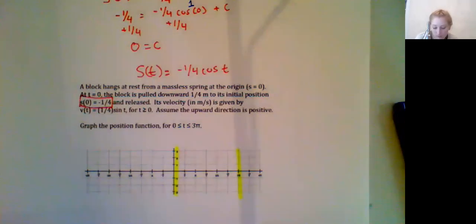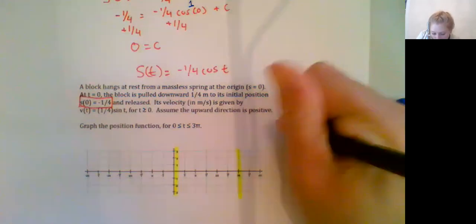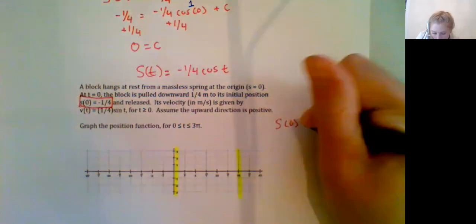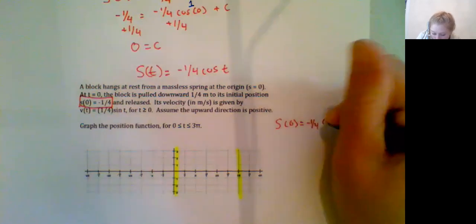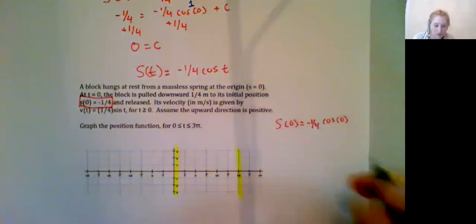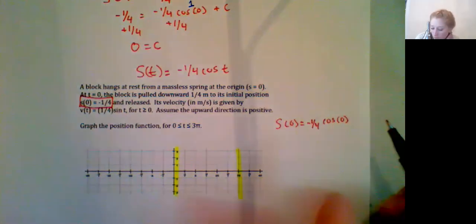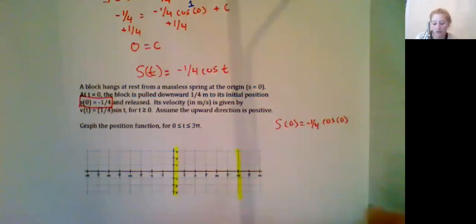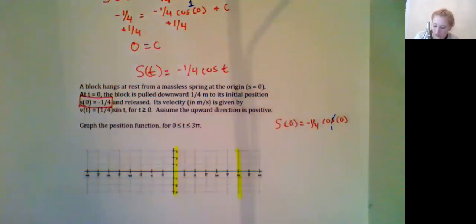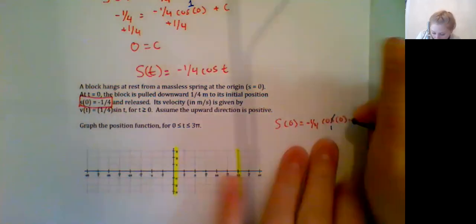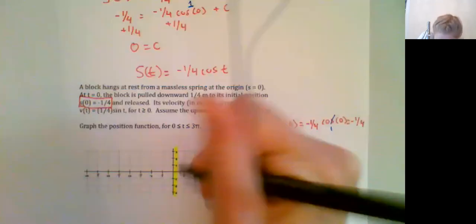And this makes sense because if I were to plug in 0, it's exactly similar to what we just did. The cosine of 0 is 1, okay? So I'm just going to end up with -1/4, which is why we're starting here, -1/4.